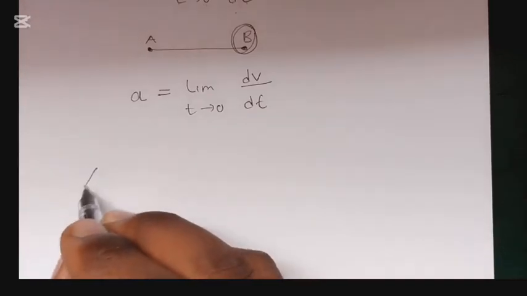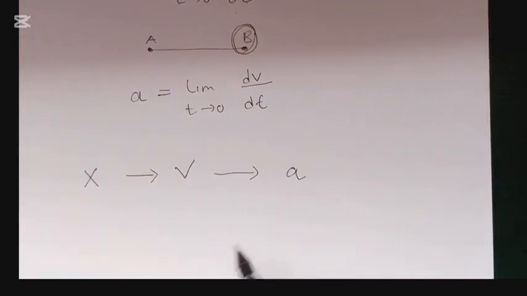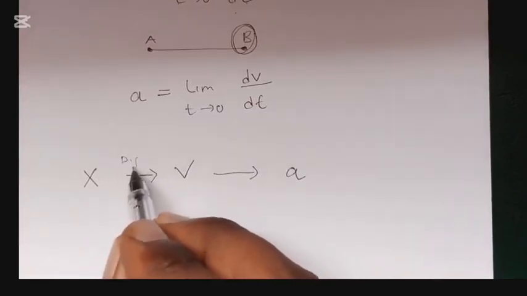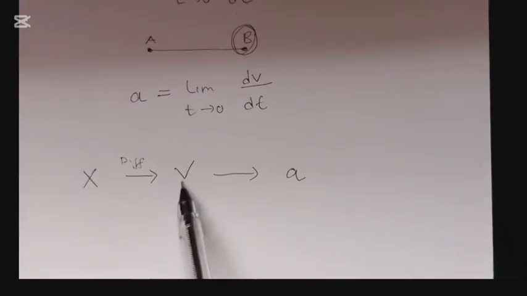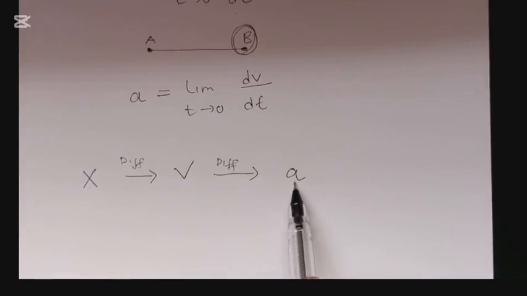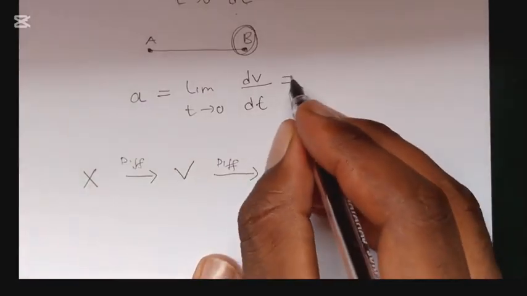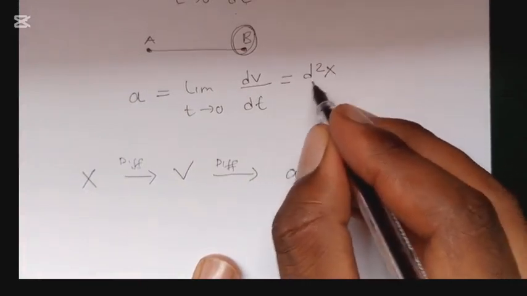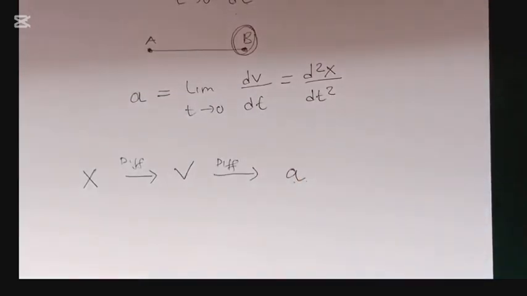So this simply means if you have your x, your v, and your acceleration, whenever you're moving in this direction, all you need to do is differentiate. Once we differentiate the expression for x, you find v, and once you differentiate an expression for v, you find a. That's why, for you to find a, you need to differentiate the expression for displacement two times, so this can also be given as the second derivative of the displacement, d squared x over dt squared.